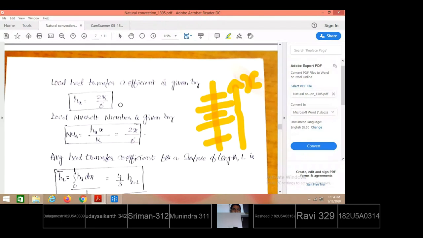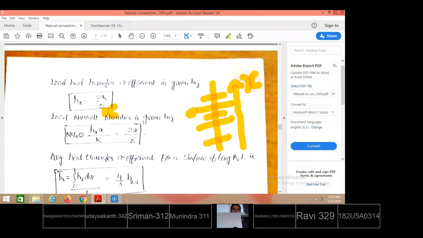At film temperature, being the external flow. Whatever height we are at, suppose at this height, if you are getting the heat transfer coefficient, the boundary layer thickness at this height must be taken. This is delta at that corresponding x value.